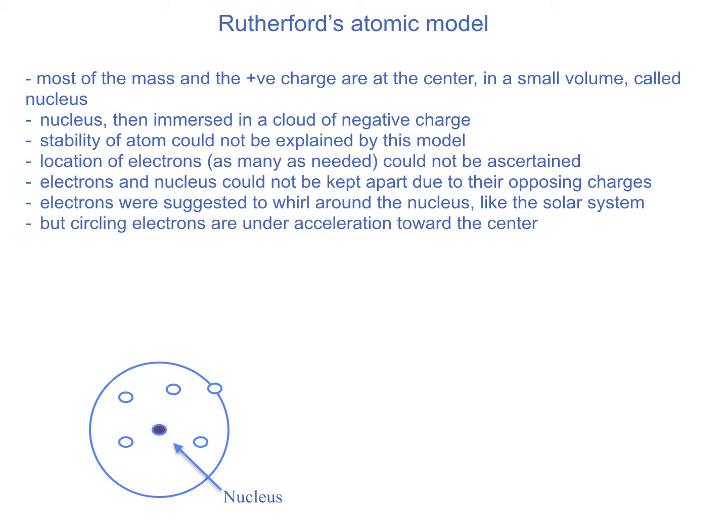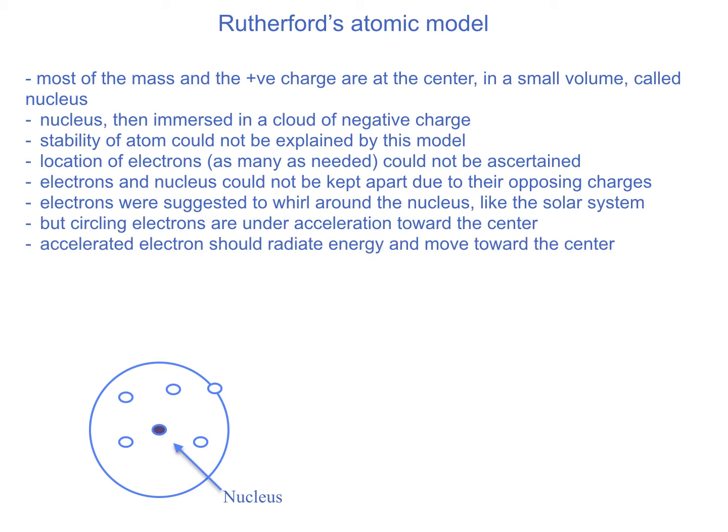And so it is very well understood by that point that when an electron is going around in a circle, it is being accelerated towards the center. So the acceleration of a charge should produce electromagnetic radiation. So the circulating electron should emit electromagnetic radiation and lose its energy.